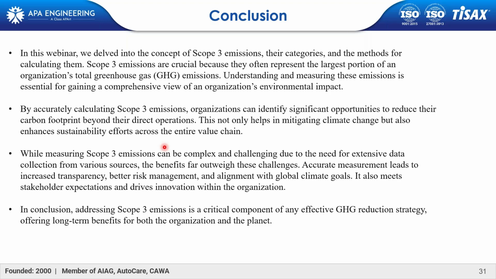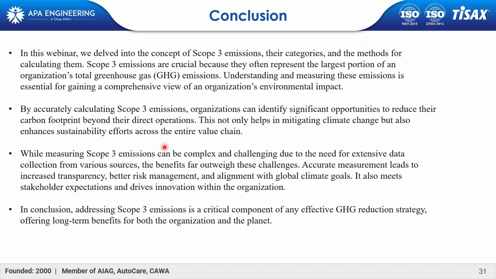So understanding and measuring these emissions is essential for gaining a comprehensive view of the organization's environmental impact. By accurately calculating the scope 3 emissions, organizations can identify significant opportunities to reduce their carbon footprint beyond their direct operations.